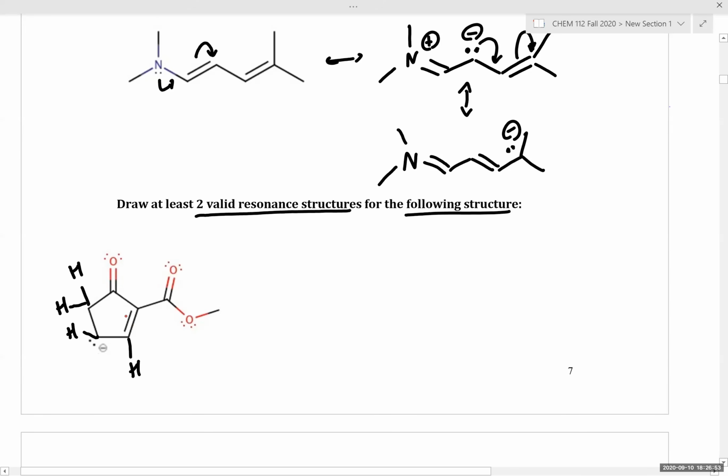So we have an adjacent pi bond. So we're going to push our electron density down to form a new pi bond. We can't push our electron density to this left carbon because it's saturated. We can't break these carbon-hydrogen bonds. Does that make sense?